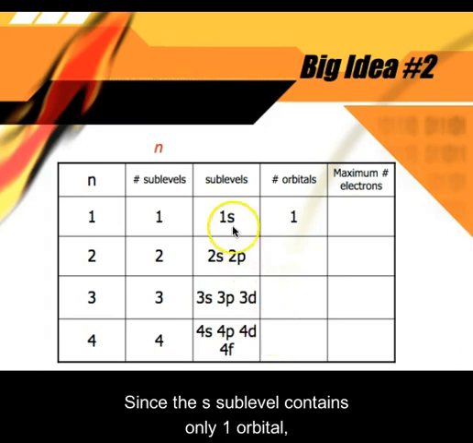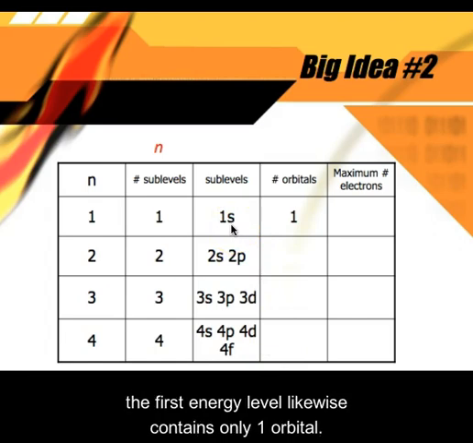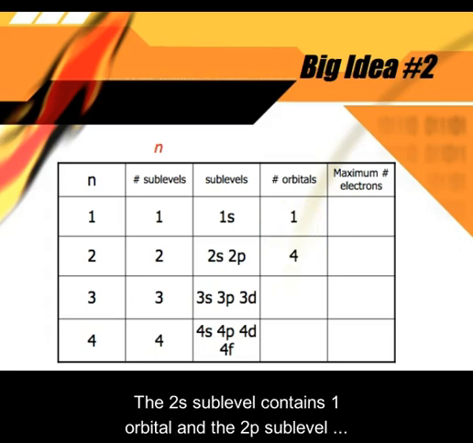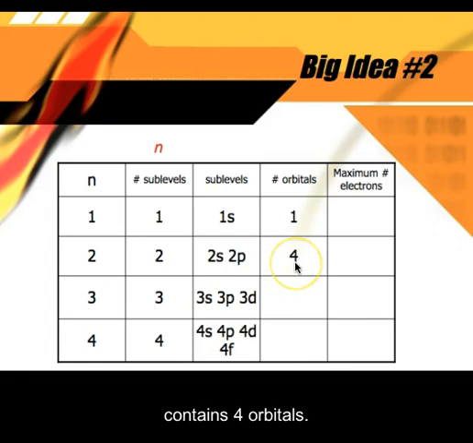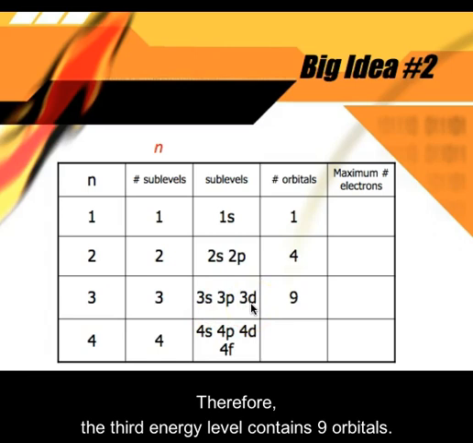Let's look at the number of orbitals in each energy level. Since the s sublevel contains only 1 orbital, the first energy level likewise contains only 1 orbital. The 2s sublevel contains 1 orbital and the 2p sublevel contains 3, so the second energy level contains 4 orbitals. The 3s, 3p, and 3d sublevels contain 1, 3, and 5 orbitals respectively.